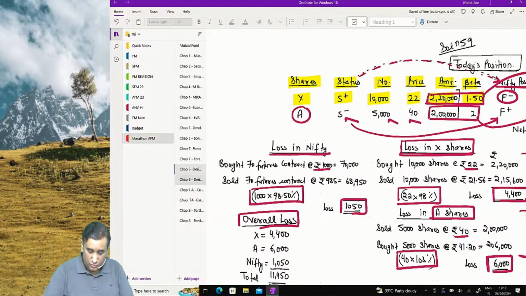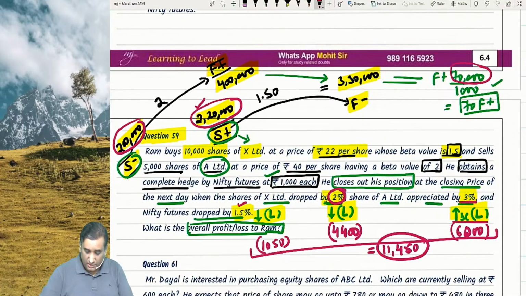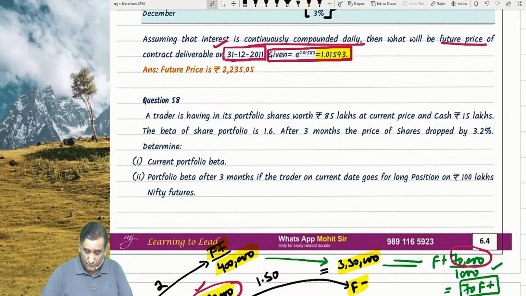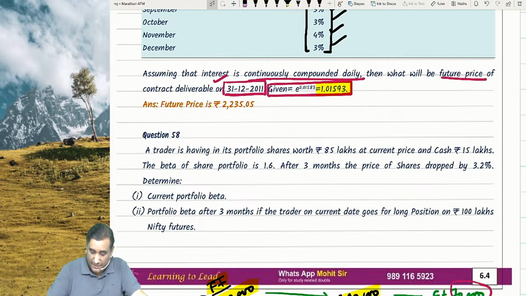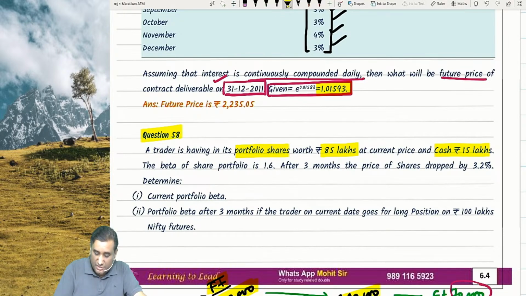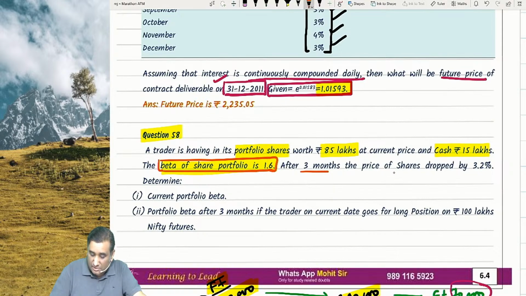Now coming back. A trader is holding shares worth rupees 5 lakh at current price and cash of rupees lakh. The beta of the share portfolio is 1 point. After 3 months the price of the shares dropped.